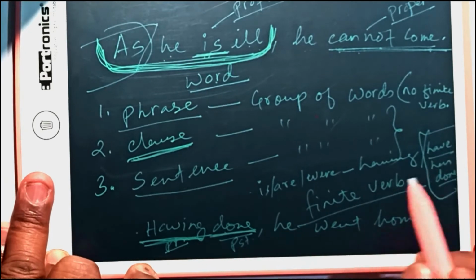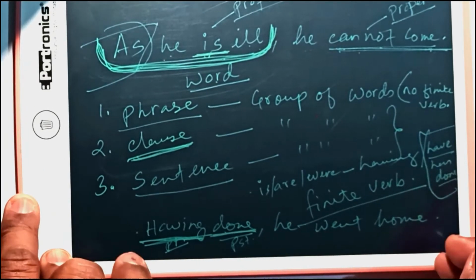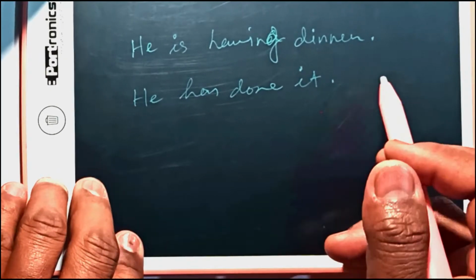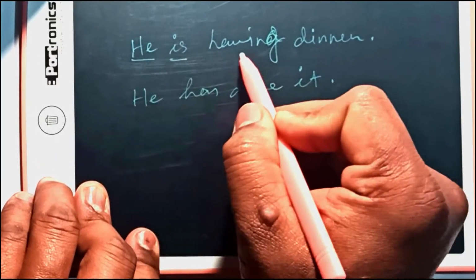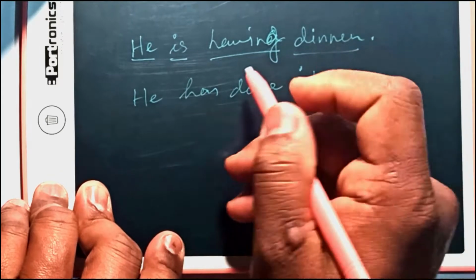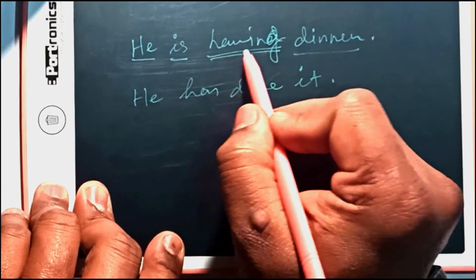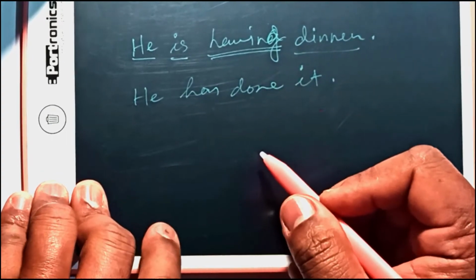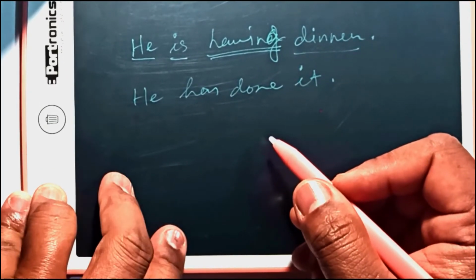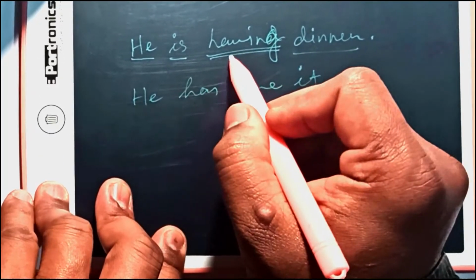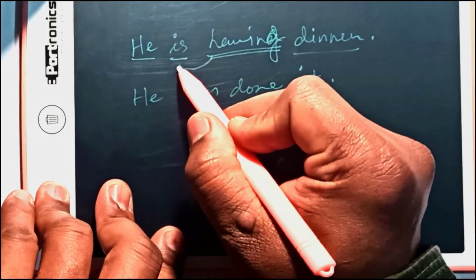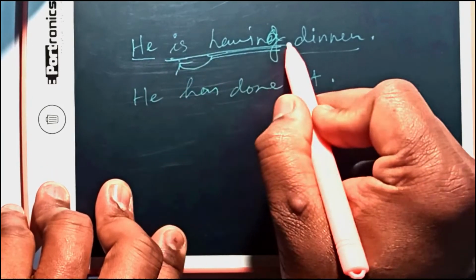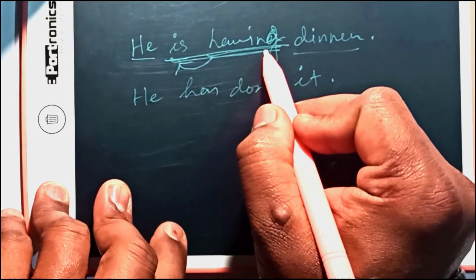So I'm going to discuss more on this. Let's look at these two sentences. He is having dinner. Now having, this is the ing form of the verb. When an ing form of a verb comes in the sentence, we generally take it as continuous, progressive tense. But if we have an auxiliary verb before it, then only it becomes our progressive tense.